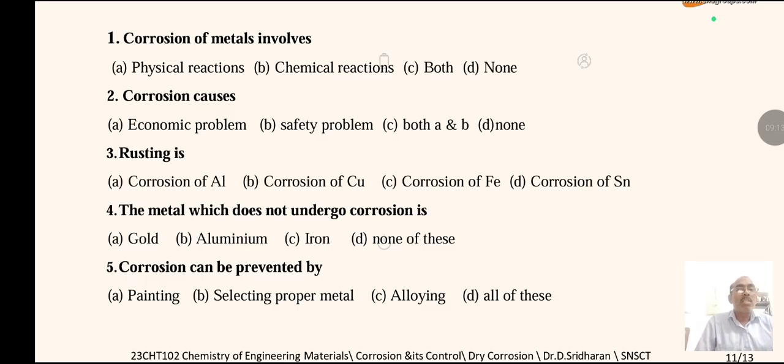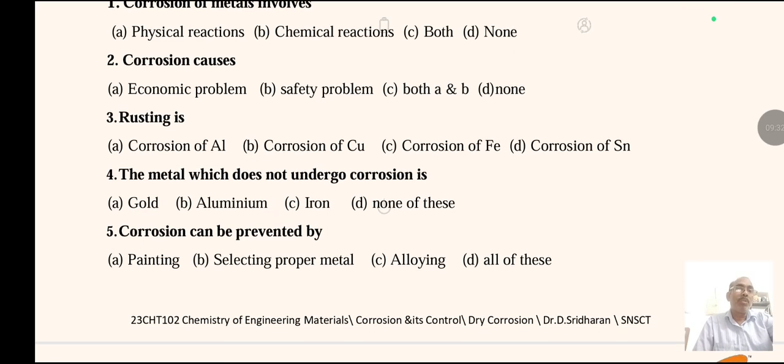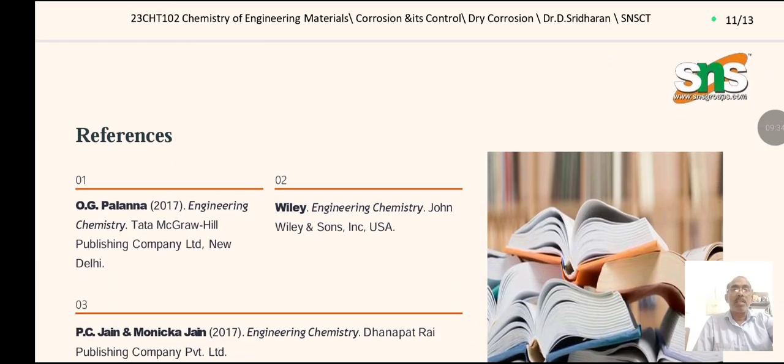The corrosion causes economic problems, safety problems, or both A and B. Some of the questions are very interesting, and based on the theory we can answer them. Try to answer all the questions.